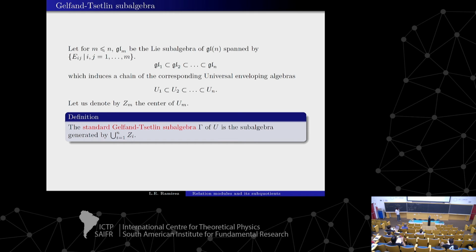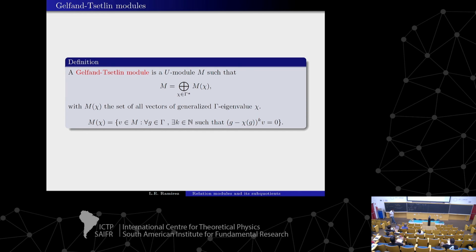You can construct this maximal commutative subalgebra of U(gl_n). You also have that U(h) is here. The important thing is that this maximal commutative subalgebra contains the universal enveloping algebra of the Cartan subalgebra.